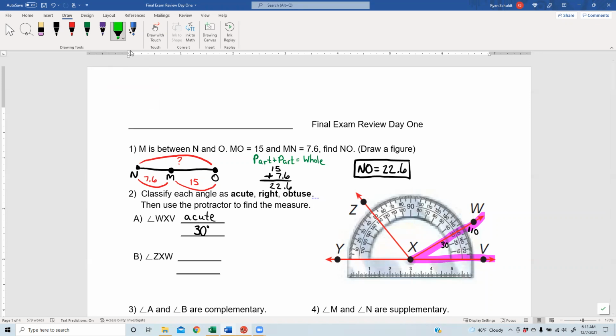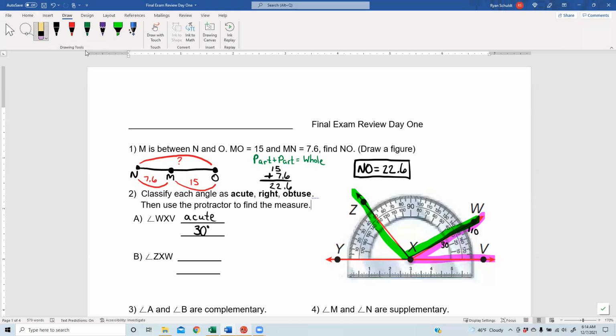Let's look at B, we just did A. B is Z, X, W. I'm not really too sure on this one. I don't want to judge it yet and say whether it's acute or obtuse.